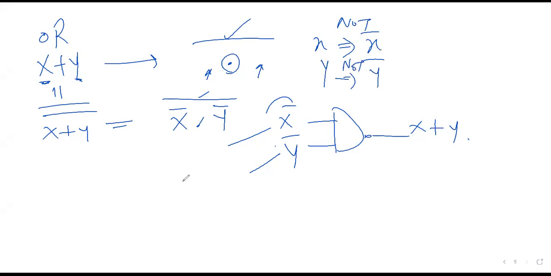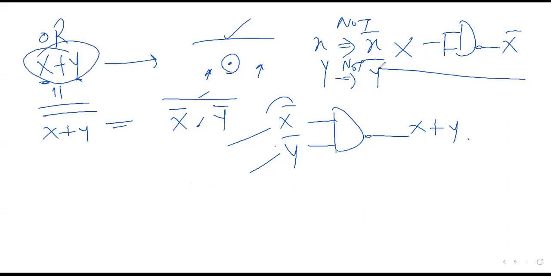How do I represent a NOT gate using NANDs only? I already gave this: a NOT gate using a NAND. So if I have X here, I will have X not on the other side. So to have the input X, which I had here, and the input Y, which I had at the beginning, I use this gate and input it here.